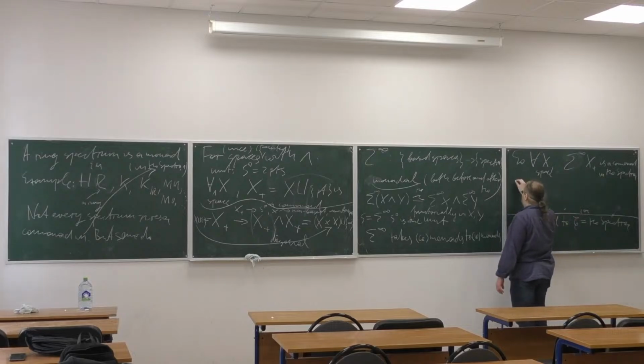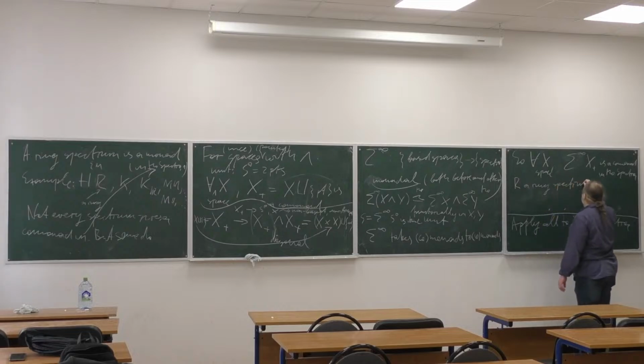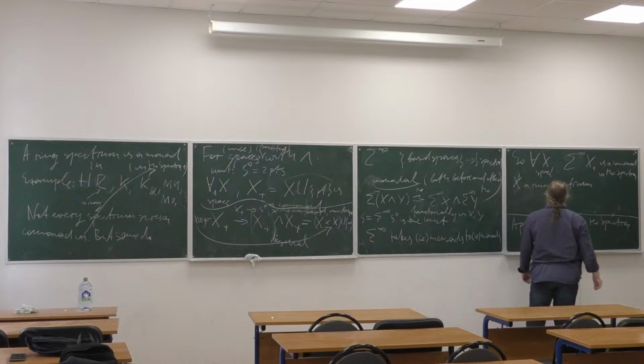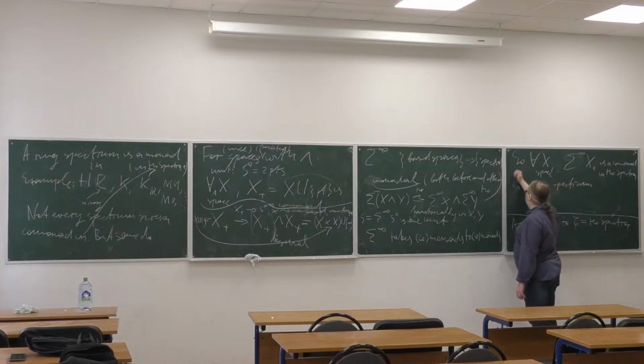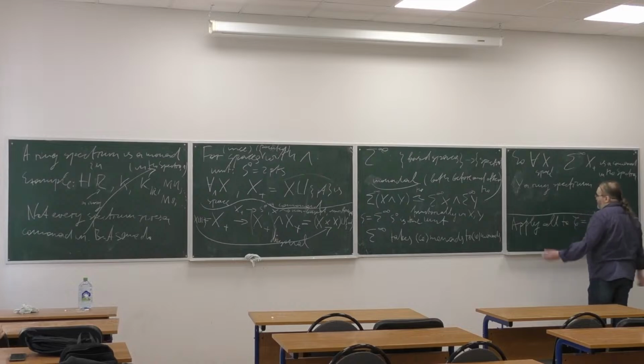Okay, so every space gives us a comonoid, and in particular, let me use Y, because why not, the ring spectrum.